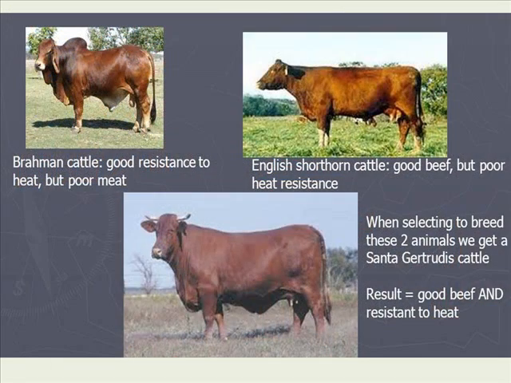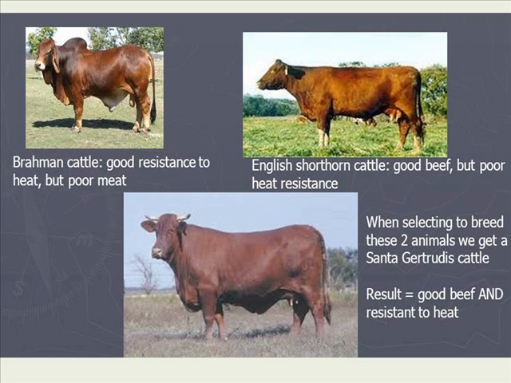Another example of selectively breeding in cattle would be the creation of the Santa Gertrudis cattle, which is a mix between Brahman cattle, which is resistant to heat. The only problem is the meat they produce is not that great. And the Brahman is mixed with an English Shorthorn cattle.